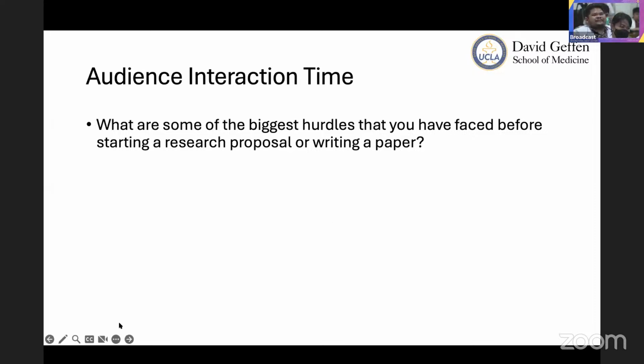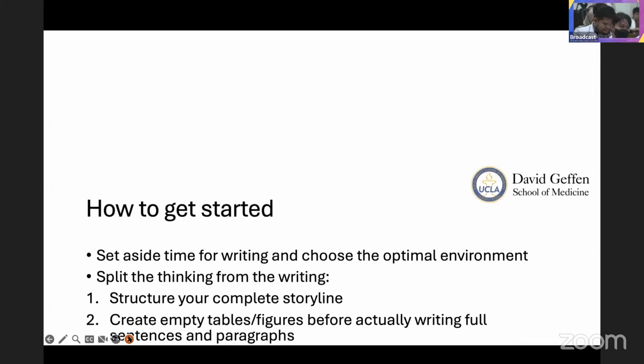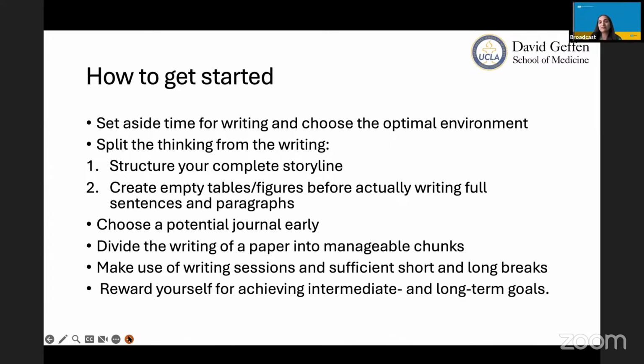All valid points. When I started research and writing papers, to me, the biggest challenge was how to get started. Like, where do we even start this whole process? There's so much to write, there is so much going on. So I think finding time to write was actually the biggest challenge.